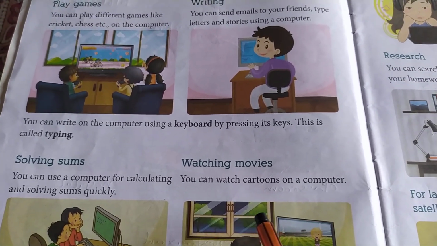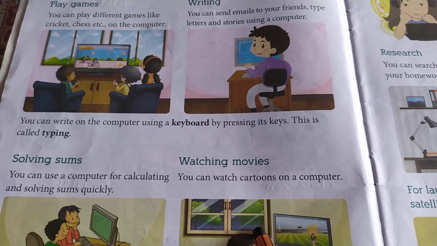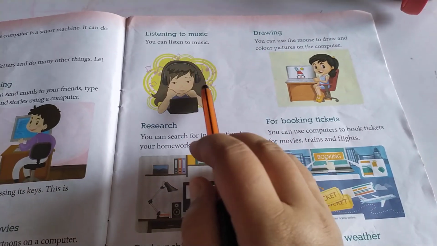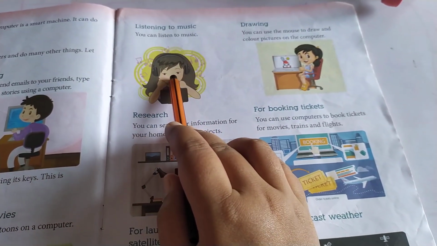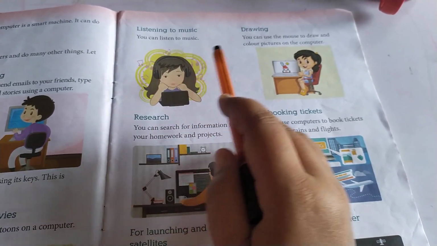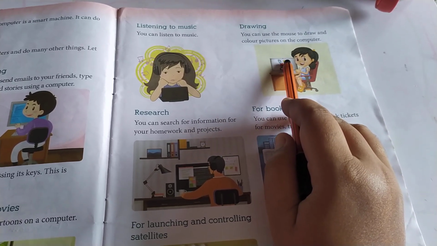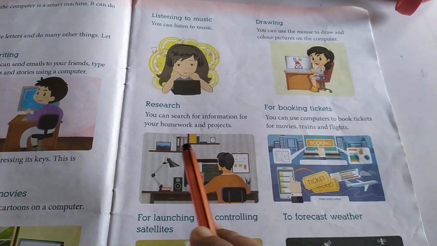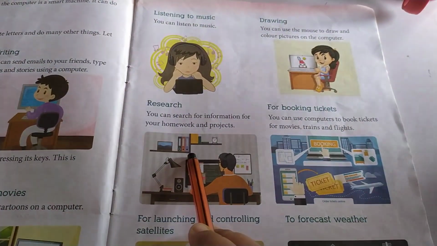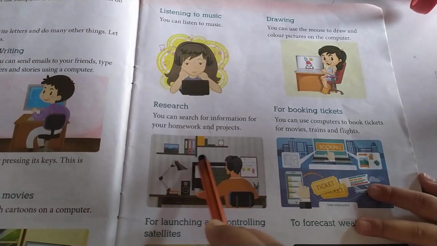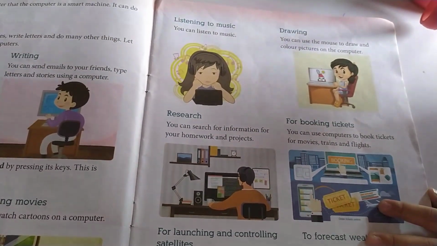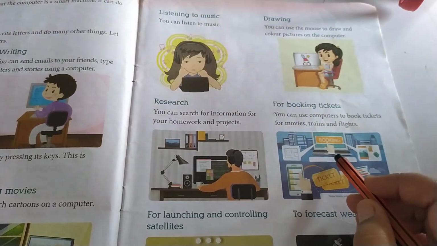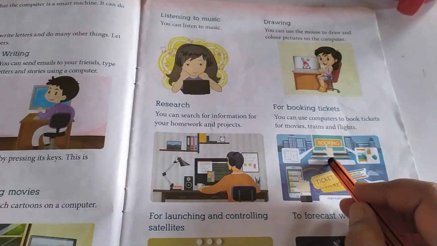We can watch cartoons, listen to music, and draw and color pictures on the computer. We can search for information for our homework and projects, and book tickets for movies, trains and flights.